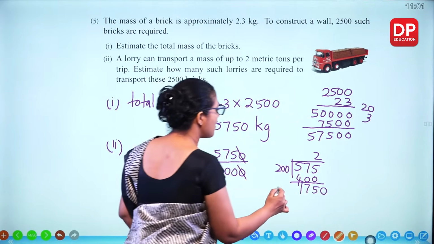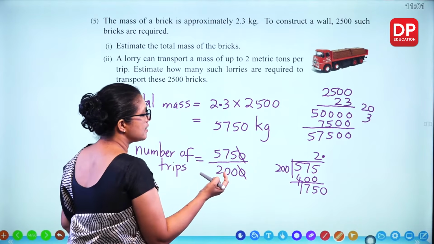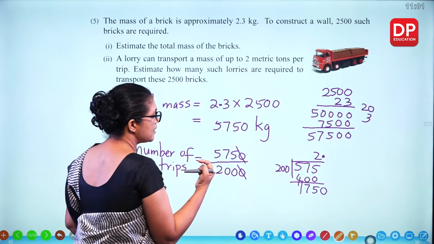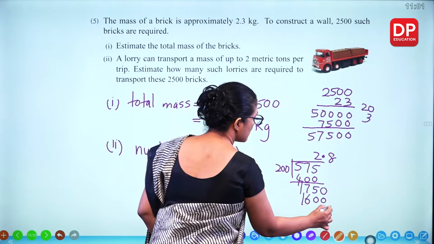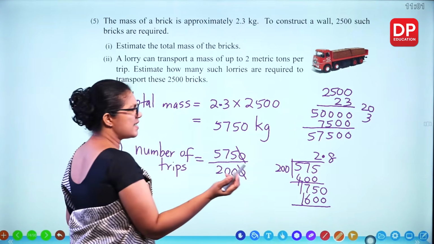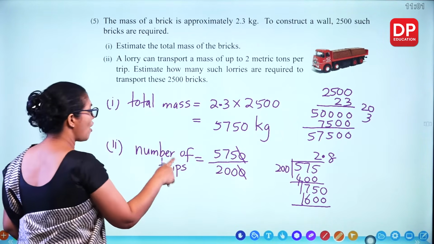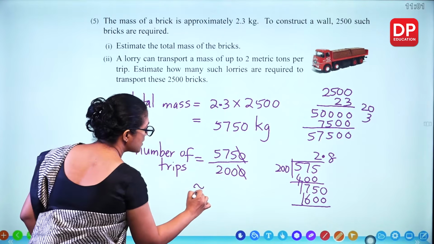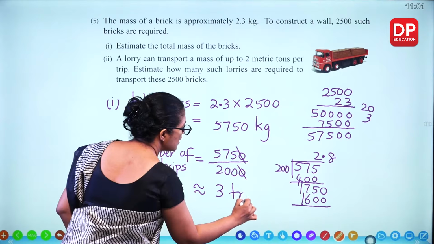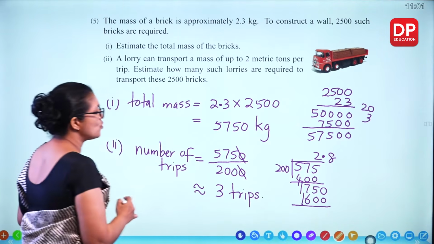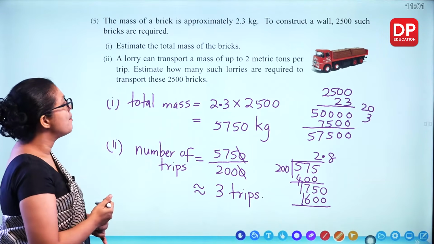For 1750, you need another 8, so here 2.8. So this is a decimal value. So the number of trips should be 3 trips. So this is 2.8, so we need 3 trips to transport 2,500 bricks.